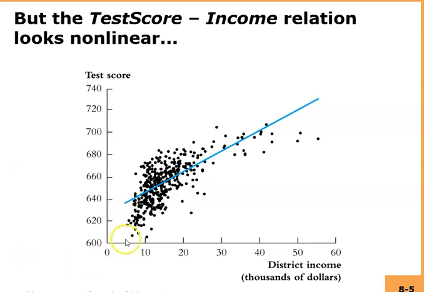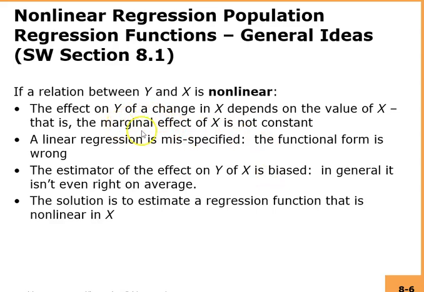Over here, a small change in x variable will cause a large change in the y variable in the initial part of the distribution. But at this end of the distribution, a smaller change in x will probably have no change or very little change in the y variable. So the marginal effect of x is not constant.